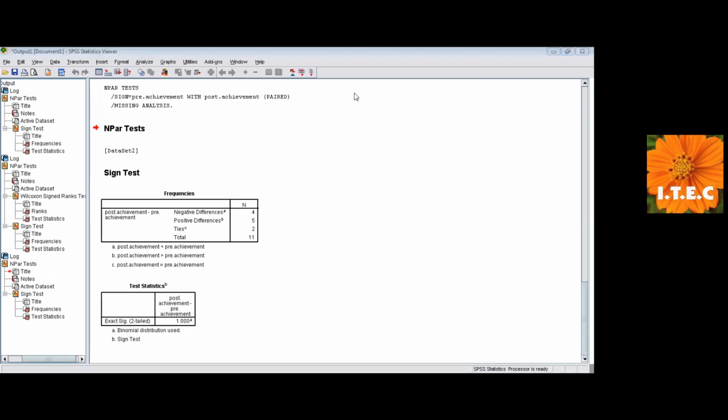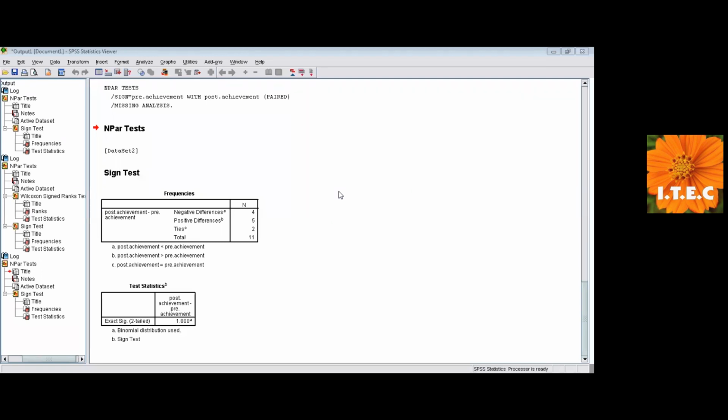That means for the changes due to the treatment, there are an equal number of changes, positive as well as negative. Some have improved and some have not improved. So it can happen that your value may not be significant or may be significant.